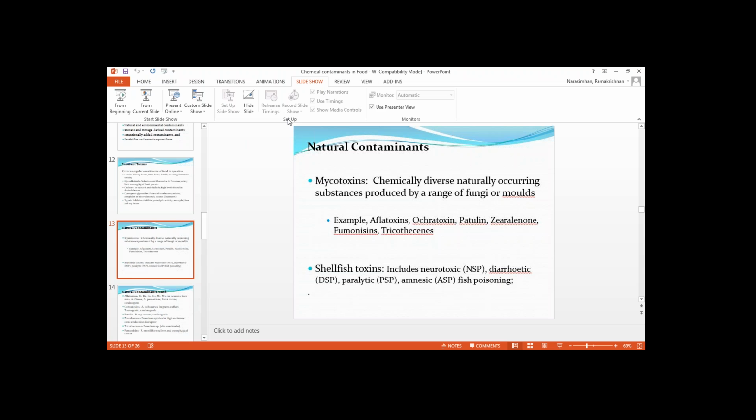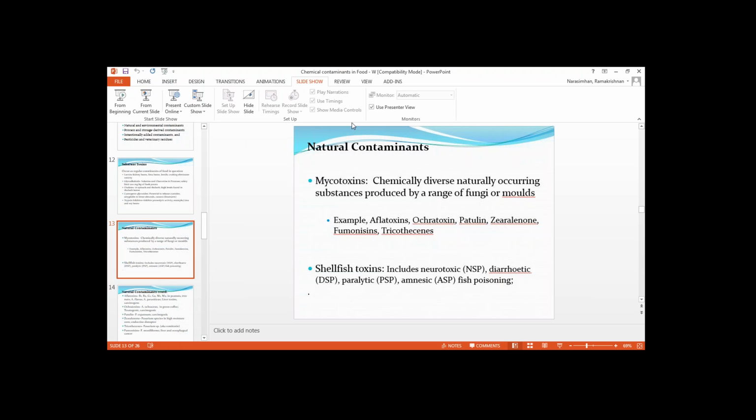The other one is trichothecenes. These are a group of some 20 chemically related toxins produced by Fusarium species.